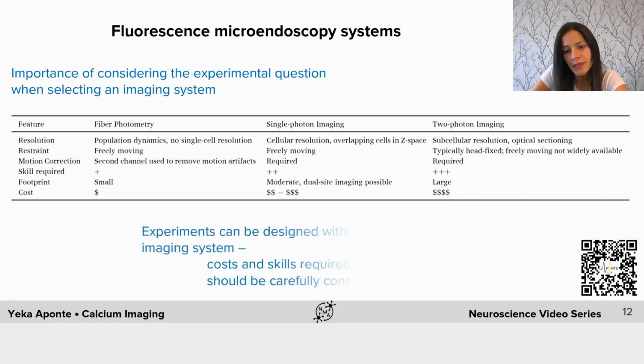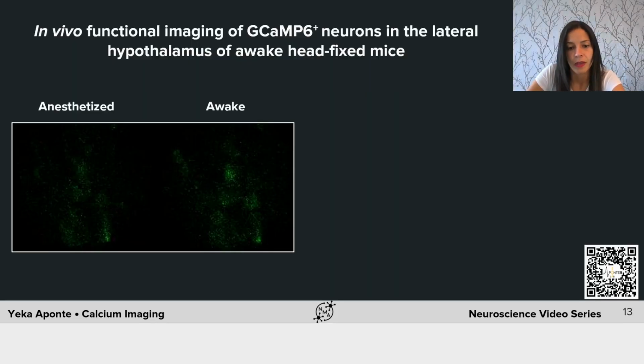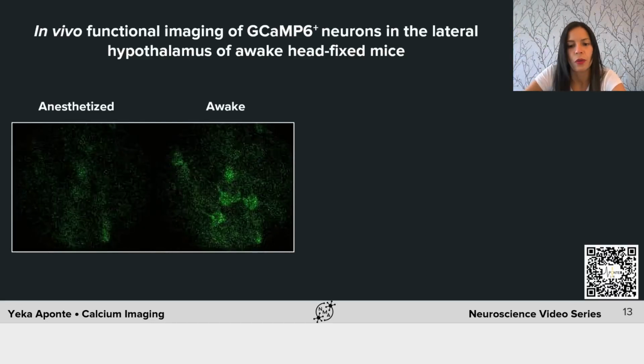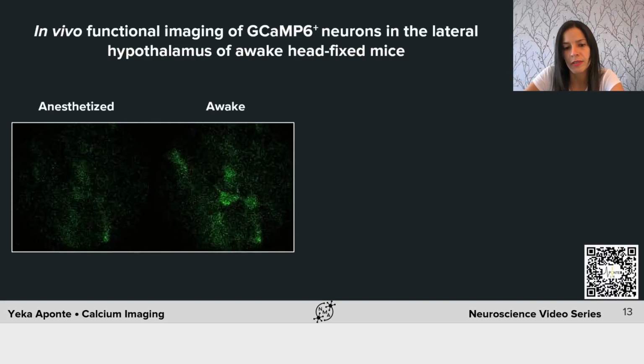Therefore, experiments can be designed within the limitations of the selected imaging system, but also keeping in mind the cost and skills required to use any of these systems. For example, the fiber photometry system and single photon miniscopes are not that hard to use and they are not that expensive.